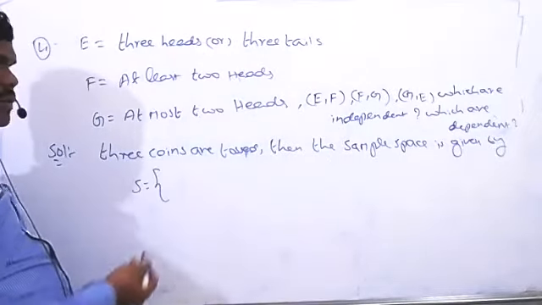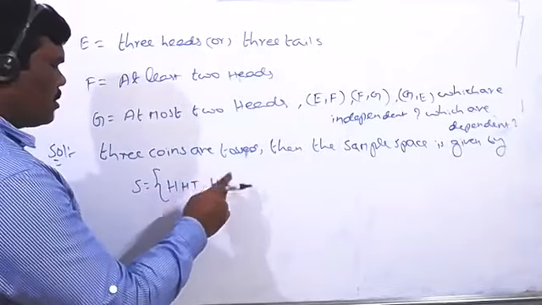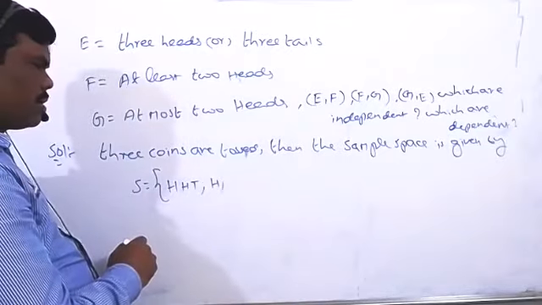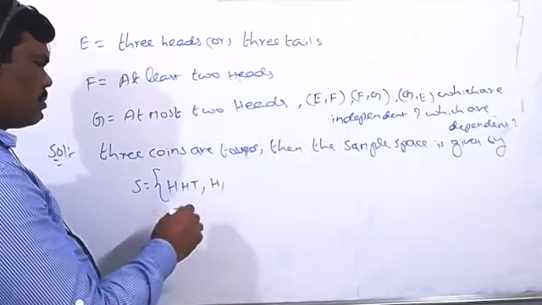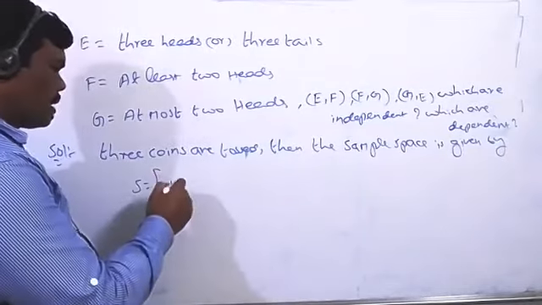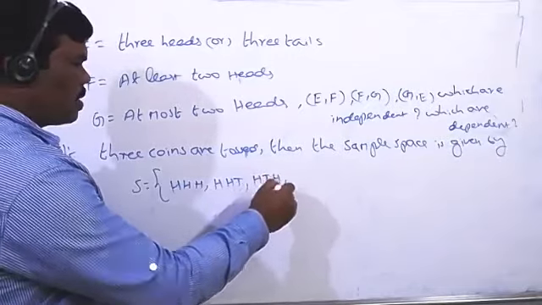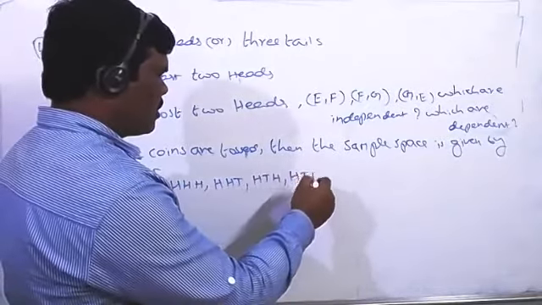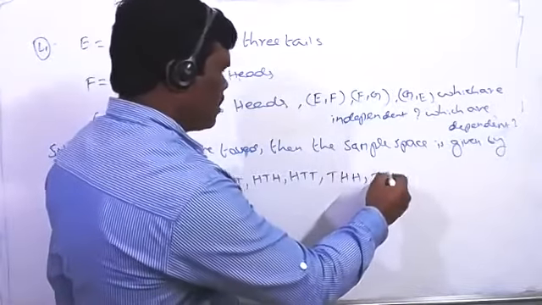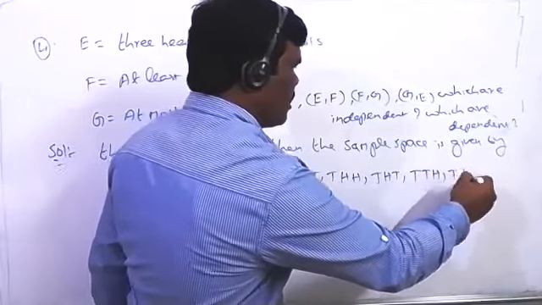S equals, I think you know very well that we get 8 outcomes: head, head, head; head, head, tail; head, tail, head; head, tail, tail; next one, tail, head, head; tail, head, tail; tail, tail, head; and tail, tail, tail.